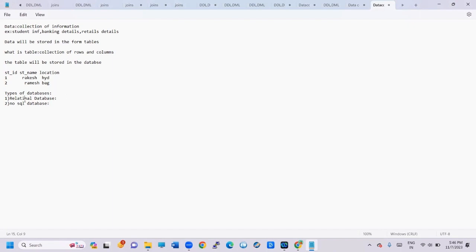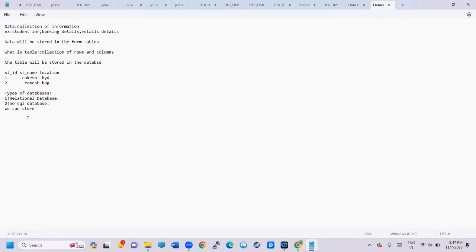In a relational database, we can store the data in the form of rows and columns, and the tables have relations between them. A table has a relation with another table, so we call it a relational database.